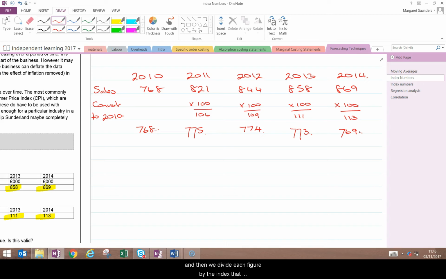And then we divide each figure by the index that relates to that particular year.